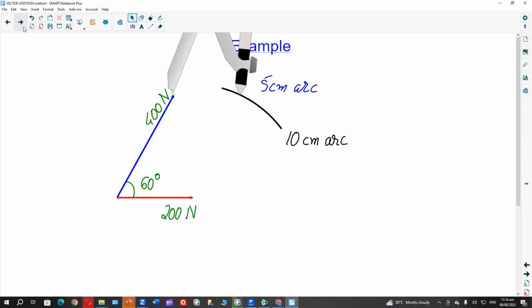Then put the compass on the new position and make an arc of 5 centimeter. Okay, sir. One second. Now the two arcs are there.